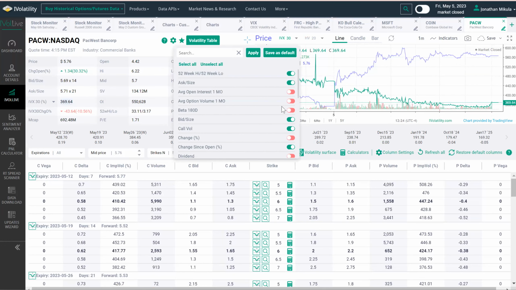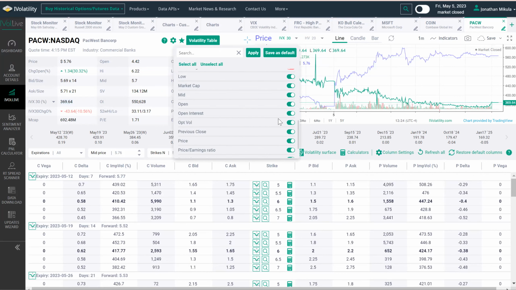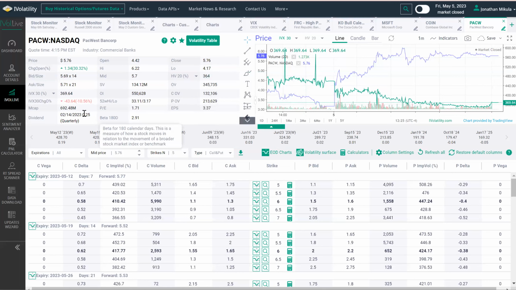Again, that's the common theme here: find this gear icon, whatever you're looking at, and you'll see the different fields that you can add or take away. So we could add dividend. I know PacWest just declared one from my pre-market research. And then you could add beta. Those are two that I like to look at, for example. So now that's added, you can see this was the last dividend. Here's our beta, much more volatile than the S&P 500, almost 3 times more volatile than the S&P 500.